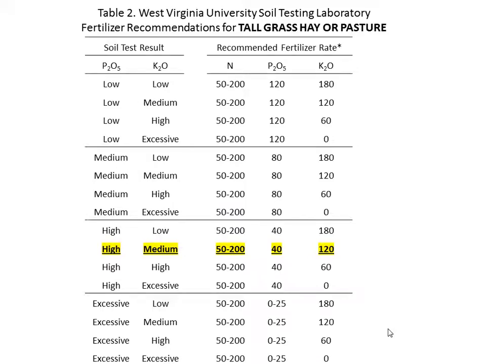So this is, you have to read these tables correctly, this is the soil test recommendation for tall grass, hay, or pasture, okay? This table applies only to tall grass, hay, and pasture. Right? So when you fill out your form that accompanies your soil sample, you could write on there carrots. Okay? They'll get a good chuckle. But then they're going to throw it into the vegetable because we don't make recommendations for carrots.